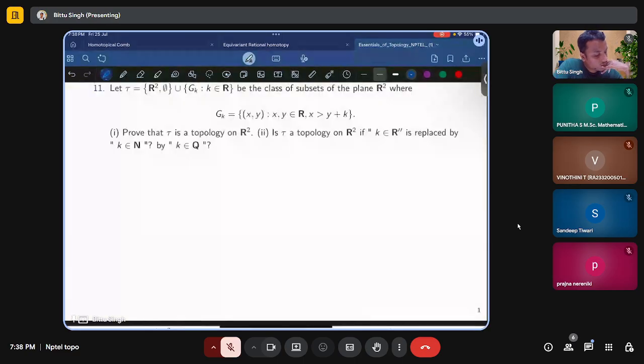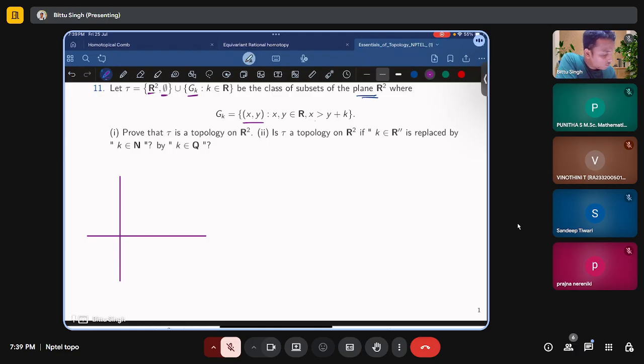Now, question number 11. The first one is topology tau. We are considering a topology on R2, and we need to prove this is a topology. Let me draw this pictorially. The empty set is there, the whole set is there, and the other sets are given by this equation: the points (x, y) which satisfy the property x greater than y plus k.